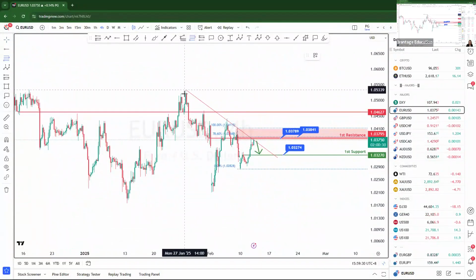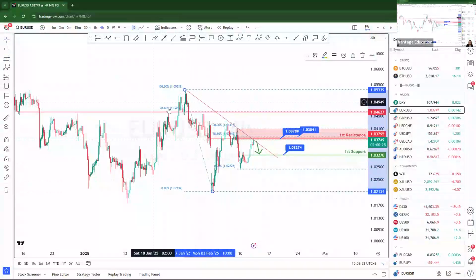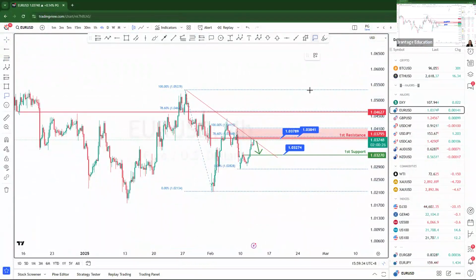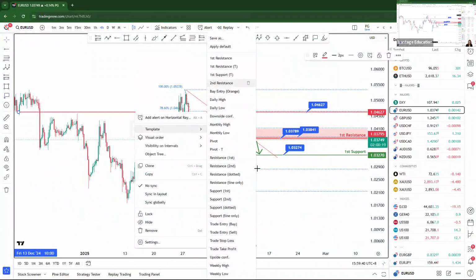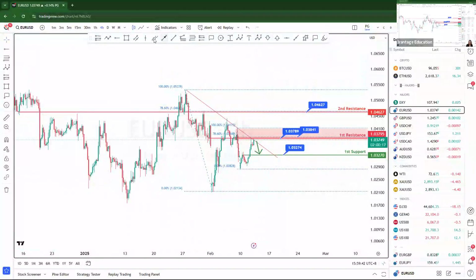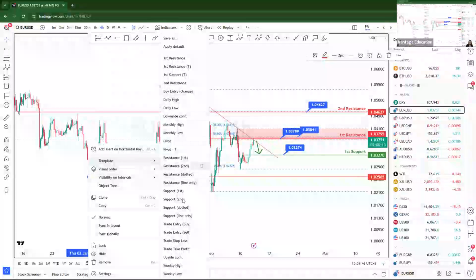So the next resistance I will leave it there, 78.6%, the overlap for the next resistance level. Okay. This is the second support.